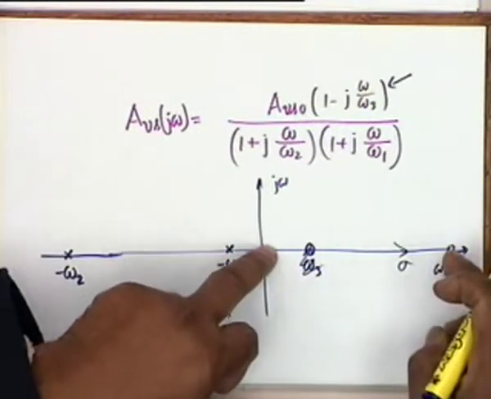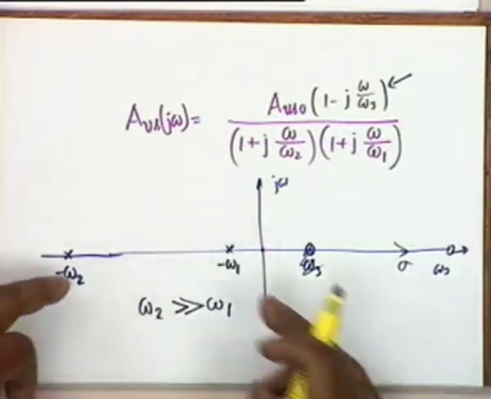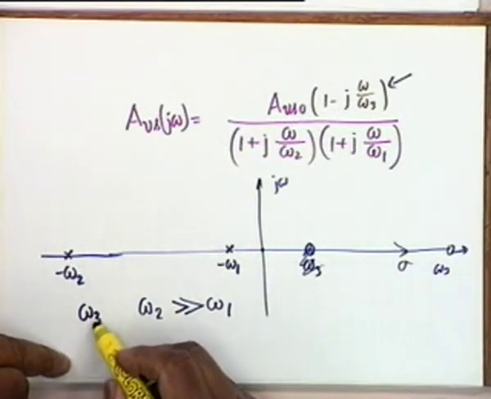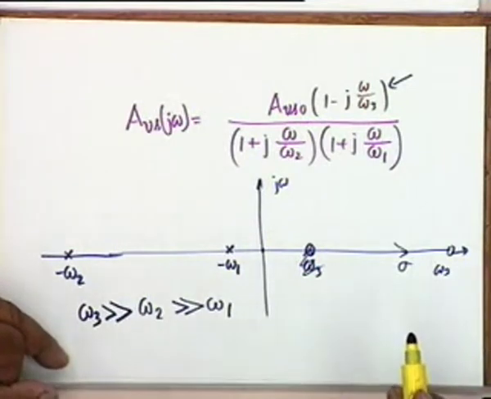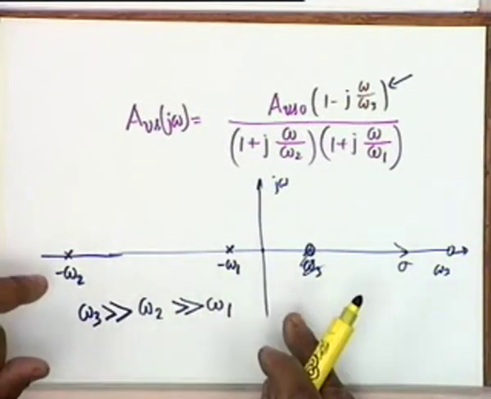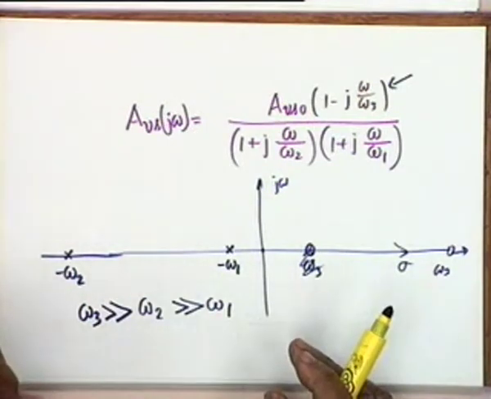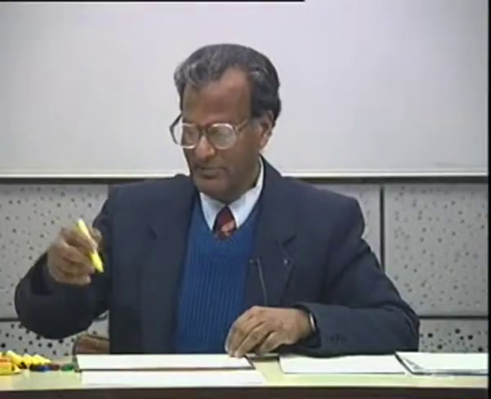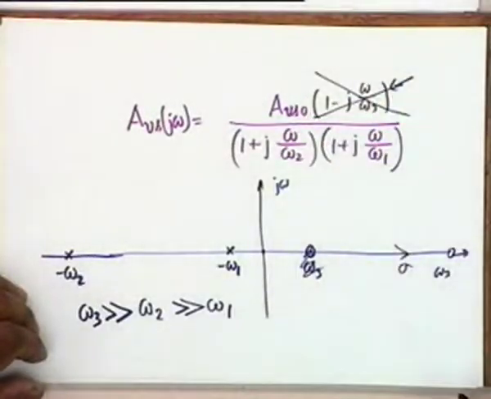That means this distance would be much larger than this distance. So omega 3 is much larger compared to omega 2, and omega 2 is much larger compared to omega 1. These are the 3 relative values. We shall take an example to show that these are approximately valid. But you see, we have ignored this.